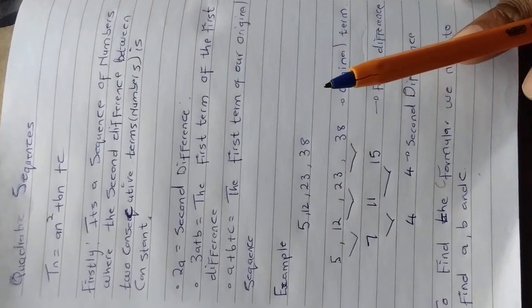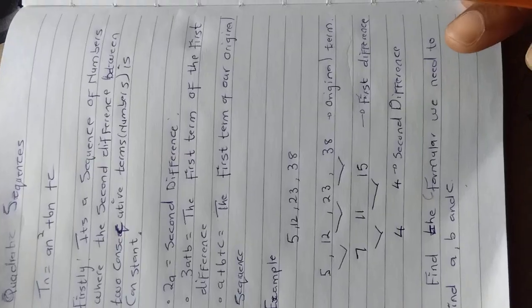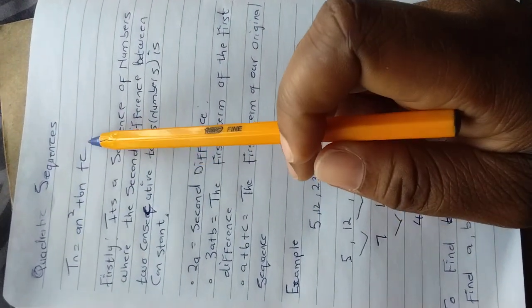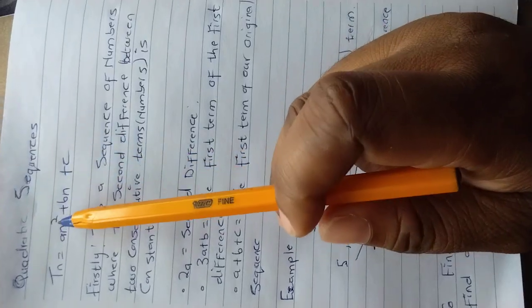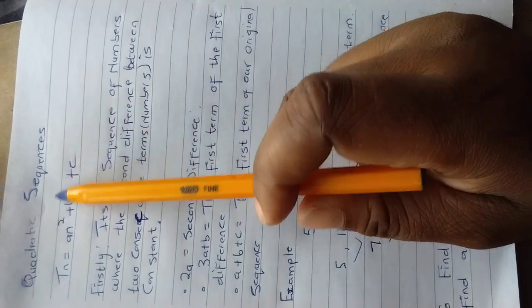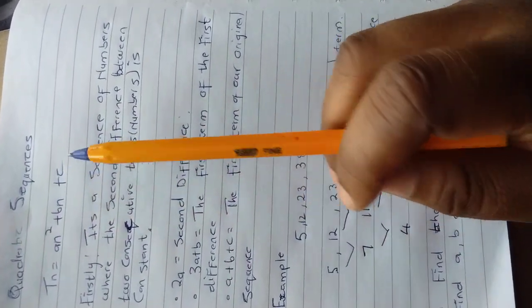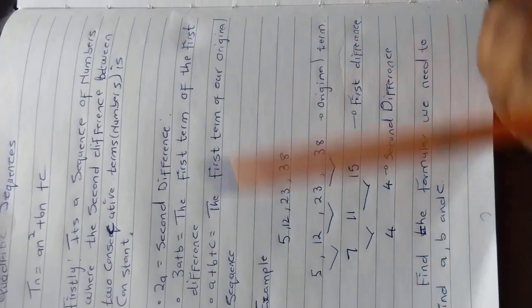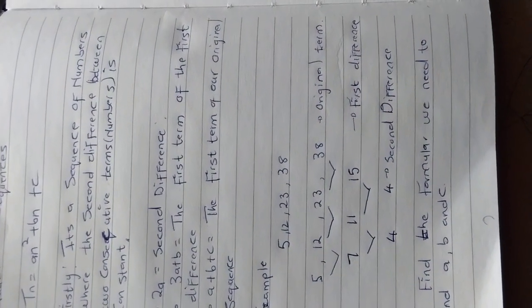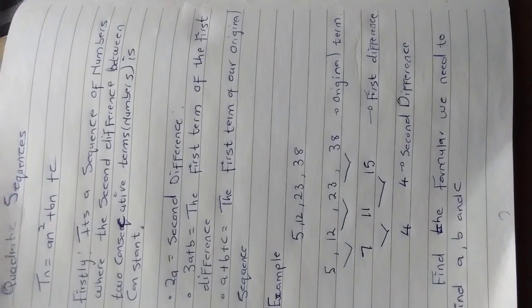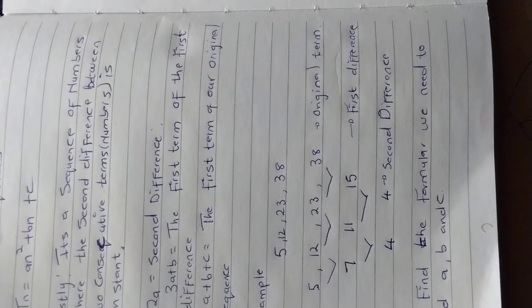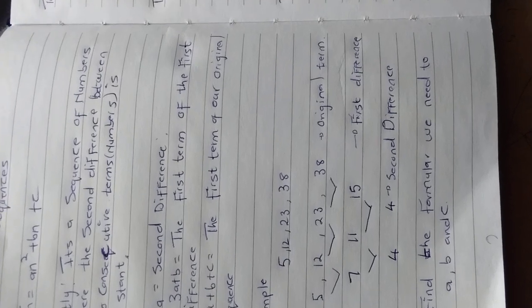In a quadratic sequence we have these three letters. We need to find the value of a, b, and c so that we can have an actual equation for the sequence, if maybe you are asked to give the formula of a specified quadratic pattern.